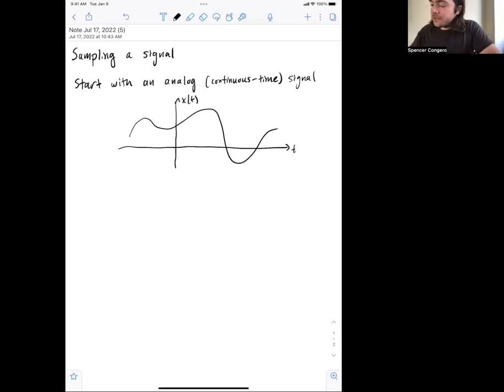Okay, and what do we want to do with sampling? Well, we want to turn x of t into a discrete time signal.